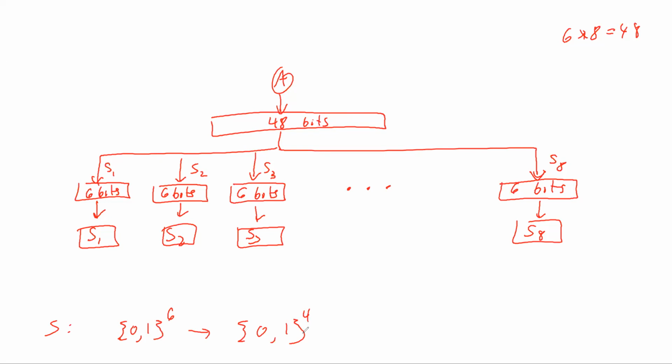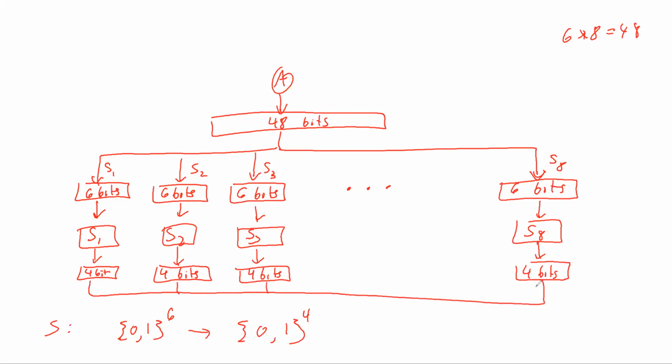Doing all of this, as it turns out, works. So now you get 4 bits, 4 bits, 4 bits, 4 bits, and then you put all of these together, and that should give you a block that is 32 bits again, because 4 times 8 should be 32.